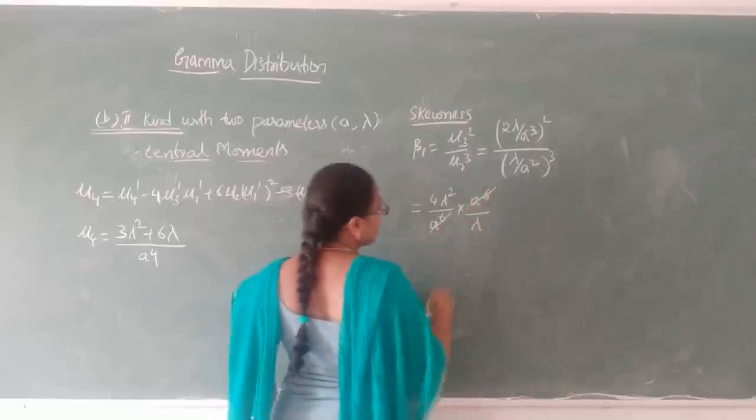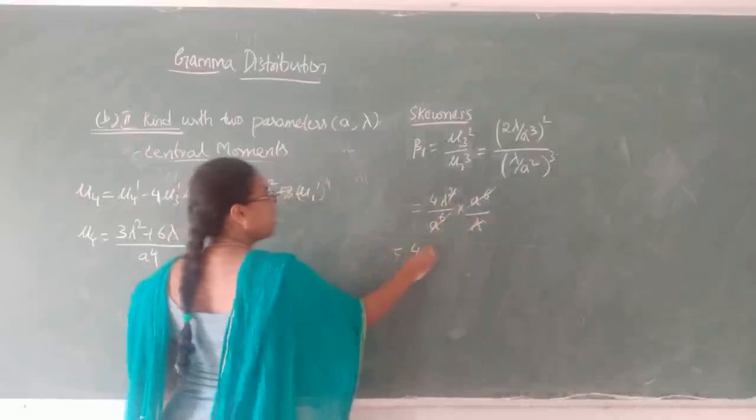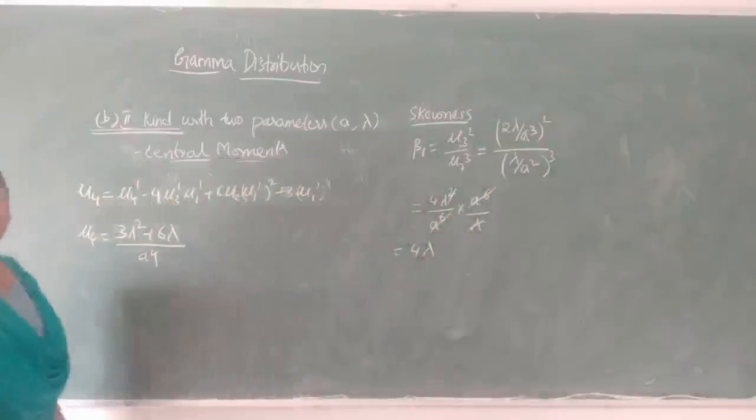Then a power 6 gets cancelled. Lambda and lambda gets cancelled. This is equal to 4 into lambda.